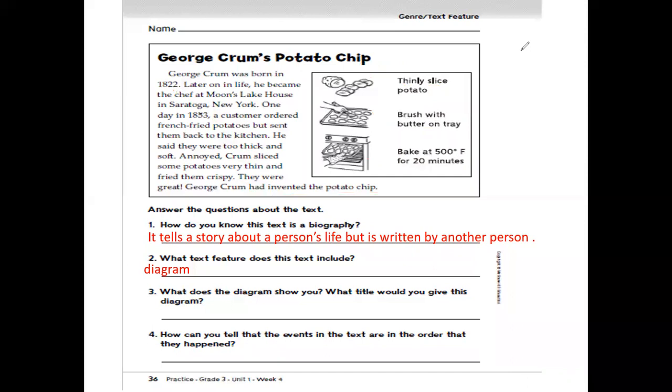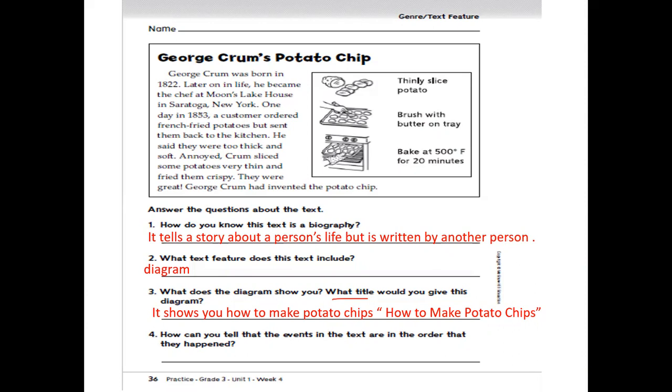So here it shows us how to make potato chips. They asked us to give it a title, so we can see how to make potato chips. So let's write: it shows you how to make potato chips, and the title: How to Make Potato Chips.